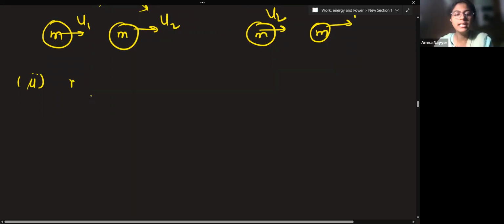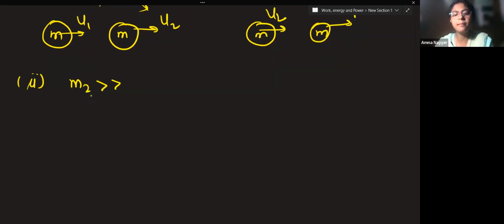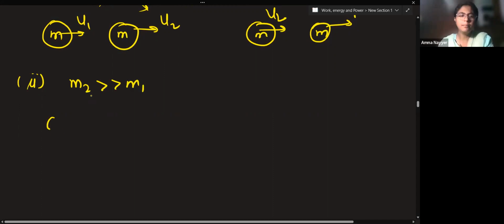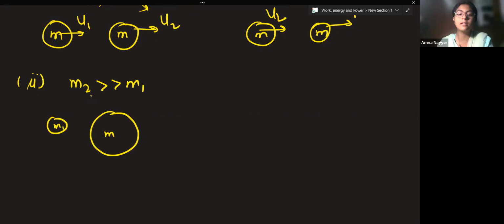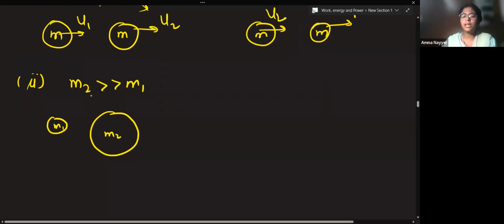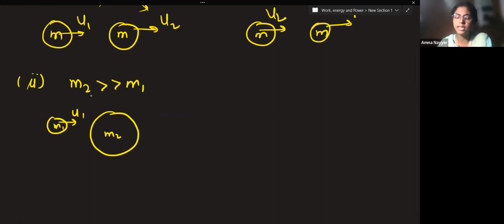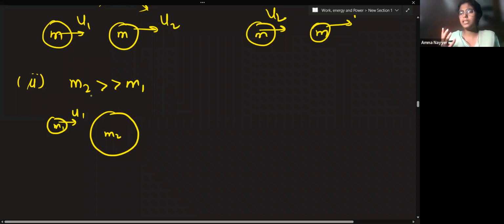In the second case, if M2 is very, very greater than M1, it means the first body is very small and the second body is comparatively greater than it. So what happens here? You will have the initial velocity as u1. But the initial velocity of the second body will be 0.